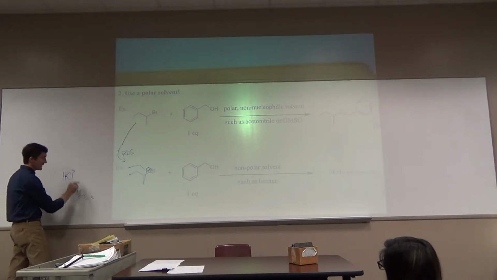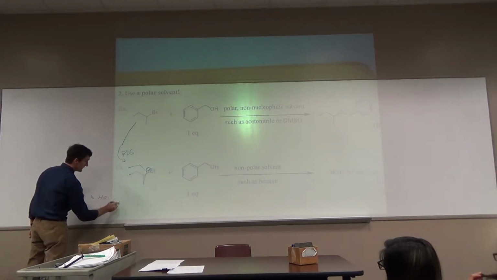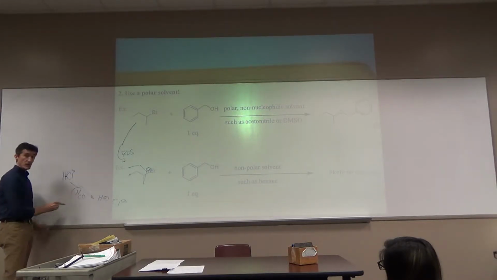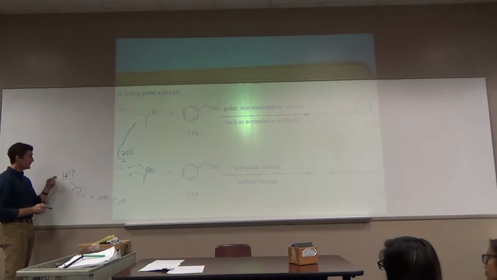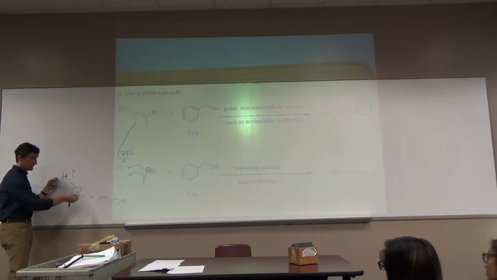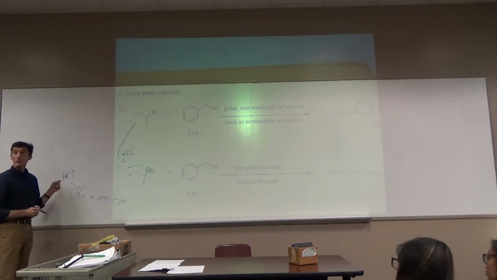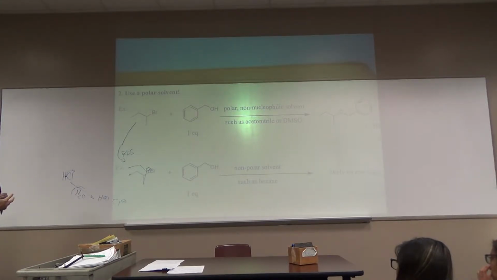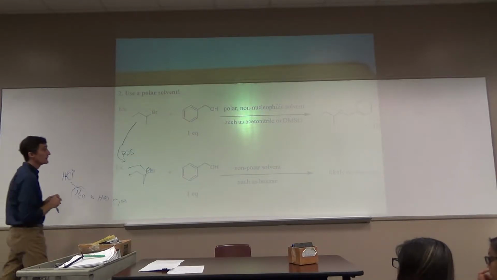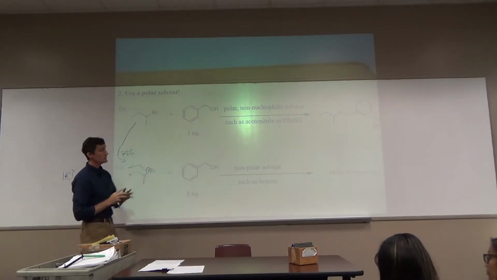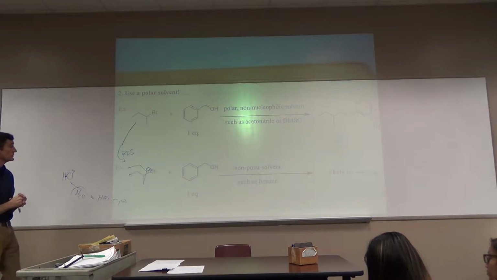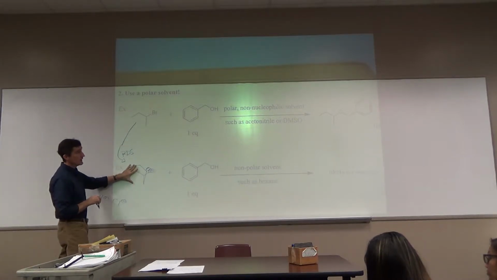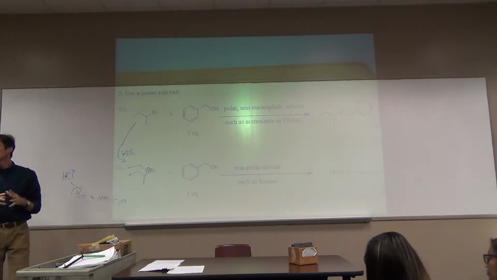It will ionize, right, and form H plus Cl minus. Polar solvent does this. What if you put HCl in hexane? Will it ionize? No, it will stay covalent. It will stay gaseous. Polar solvents promote polar ions. Okay? So this is the idea of using solvent to promote your ionization. Make sense?